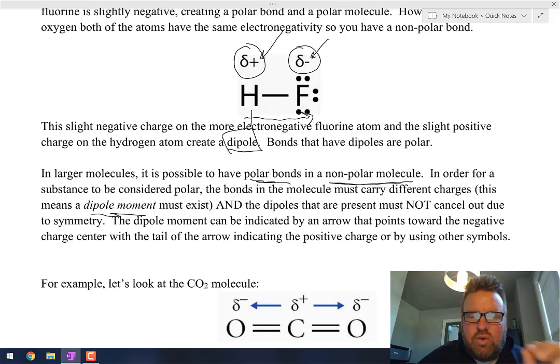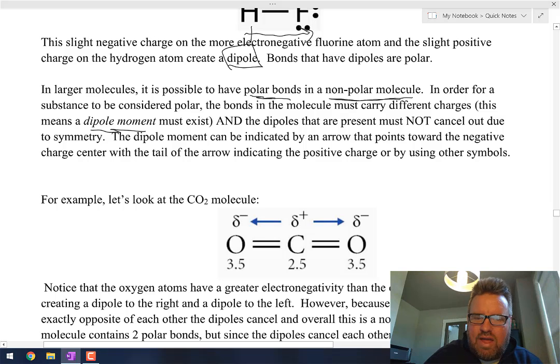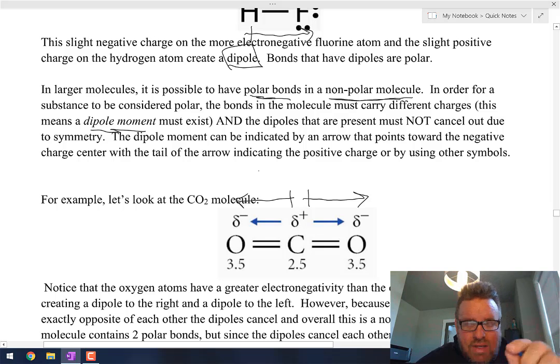For a molecule to be polar, the dipoles cannot cancel each other out. By that I mean, look at CO2 right here. Oxygen's more electronegative, so you've got a dipole going this way, and you've got a dipole going this way. But because it's a linear molecule, those dipoles cancel each other out.